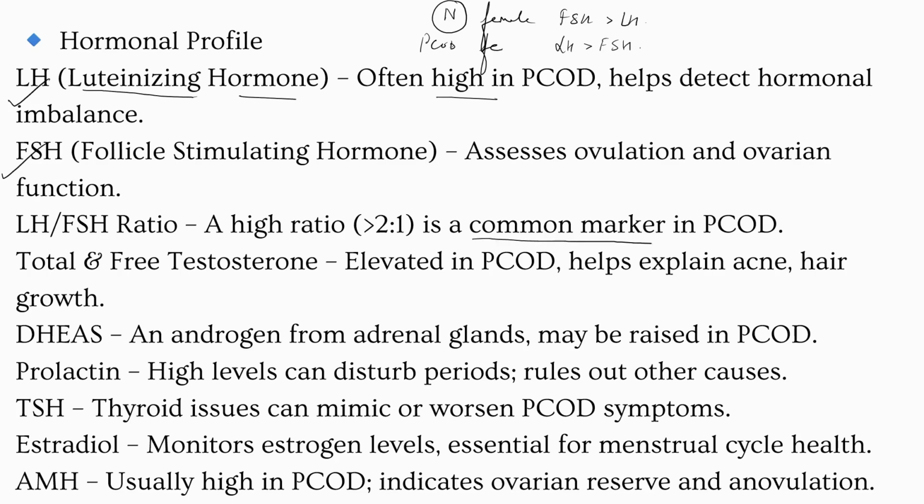First marker of PCOD. Now, because of facial hair, what will be increased? See, coarse, thick hair in males, it is because of testosterone. So it is obvious that whenever a female is experiencing hirsutism, that means increased thickness in facial hair, beard like facial hair, mustache like men, then definitely total and free testosterone will be increased in PCOD.